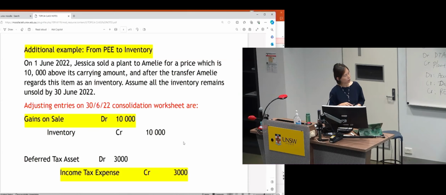Now, because the inventory is still on hand at the end of 30 June 22, it will be sold by the year ended 30 June 23. That is, again, a reasonable assumption. So opening balance inventory is expected to be sold by the end of the financial year.